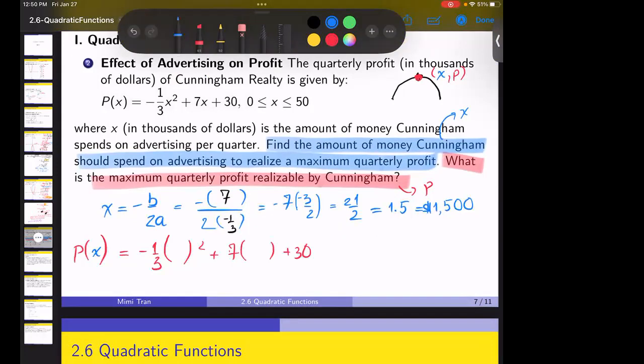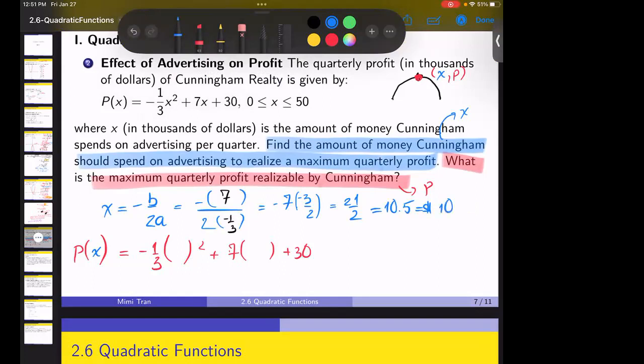How did you get 1.5? Oh, 10.5, sorry. 21 divided by 2 is 10.5. Sorry about that. Is that what you got? Yeah, I got 10.5. Okay, thank you very much.